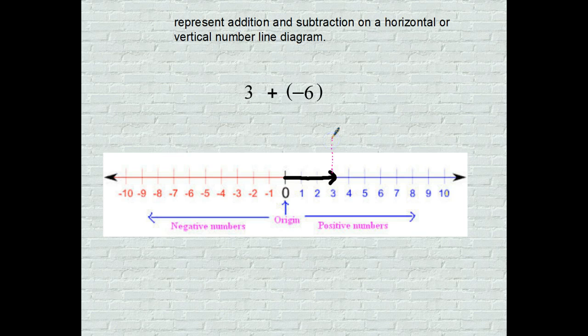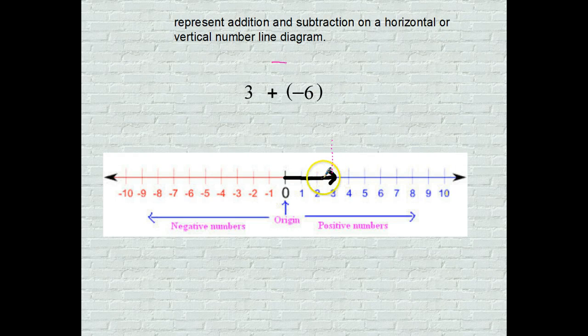And we are going to add negative 6. Now, these back-to-back signs, adding a negative, really means subtracting. So it doesn't say add 6, go to the right. It says add negative 6, which you would have to slam on the brakes and go the opposite way instead. So adding a negative means subtracting, so we're going to go back 6 spaces.